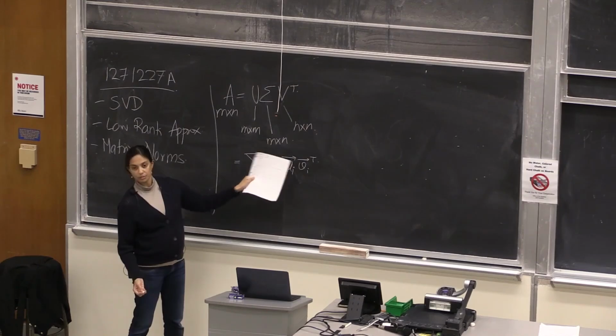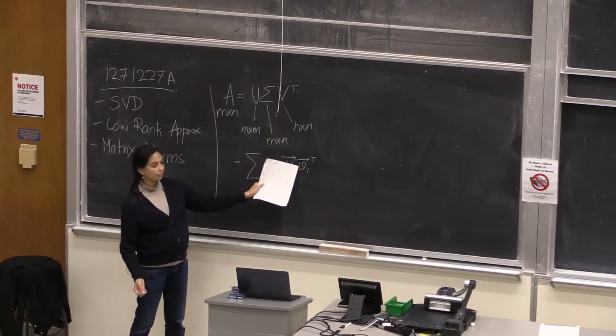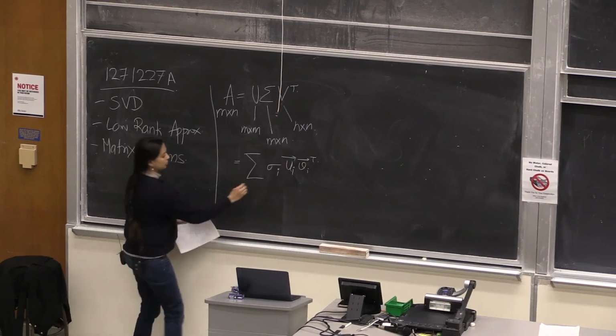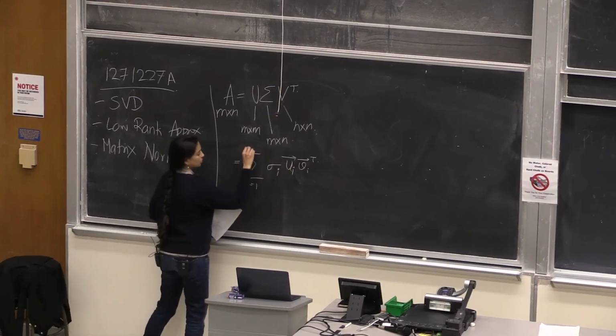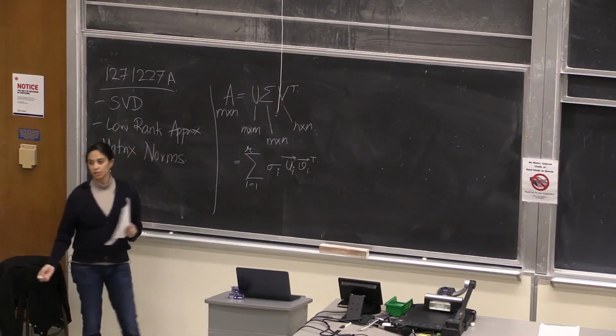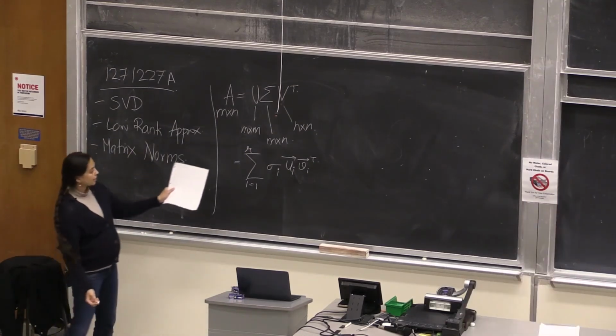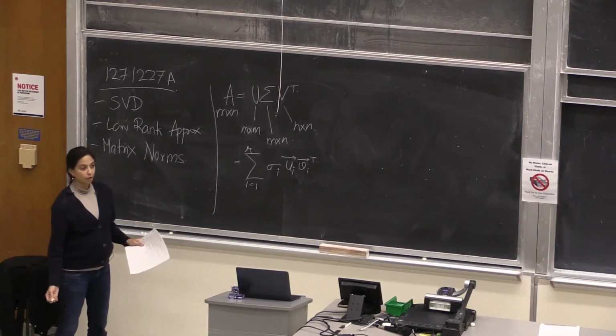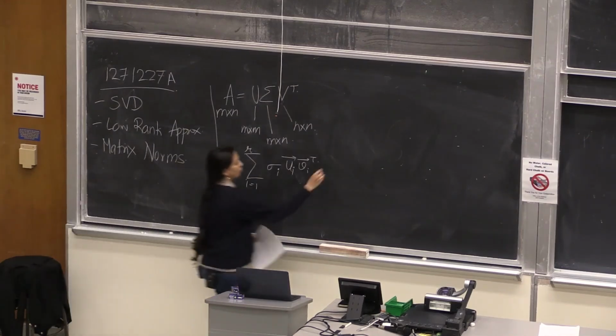U's and v's can look similar, but my u's will always have a tail, my v's will always have a bubble. Okay? So if I have r non-zero singular values, I can write this in the following form. This is called the outer product form.